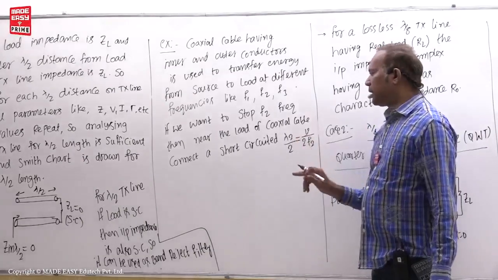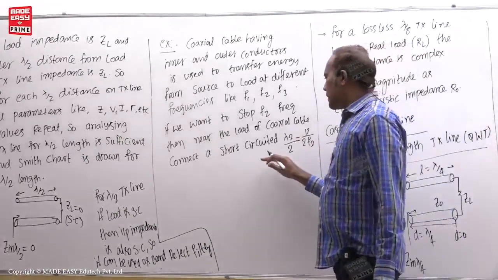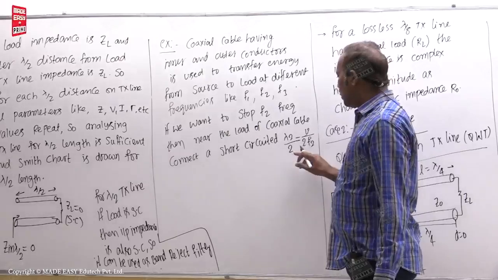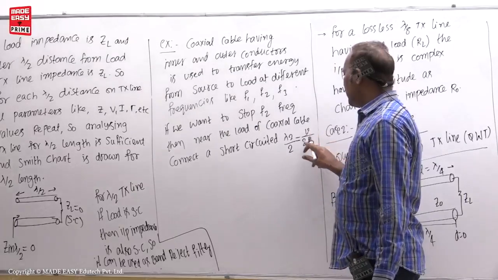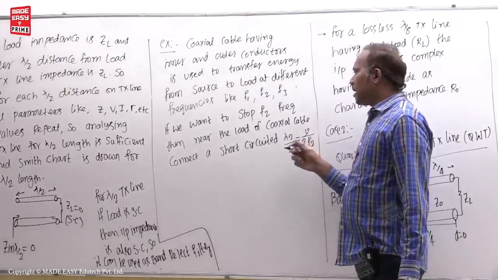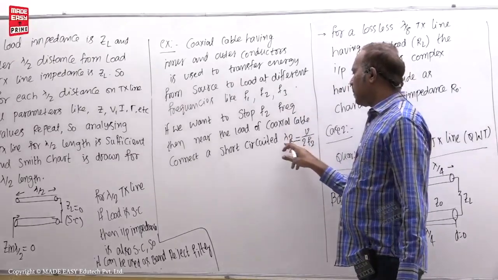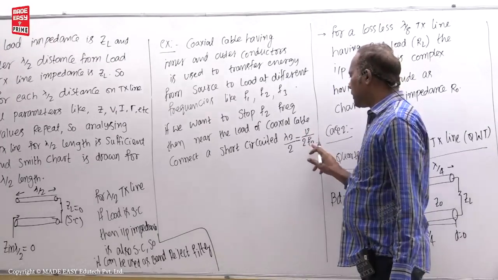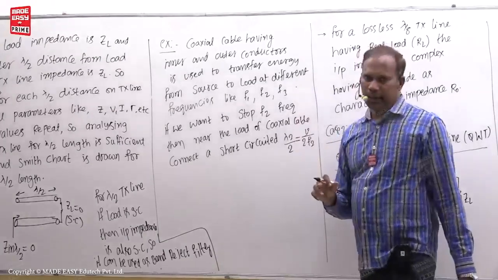So connect a short circuited lambda 2 by 2, that means v by 2 f2. Then it rejects the f2 frequency. For example, if you connect lambda 3 by 2, that is v by 2 f3, then it rejects the f3 frequency.